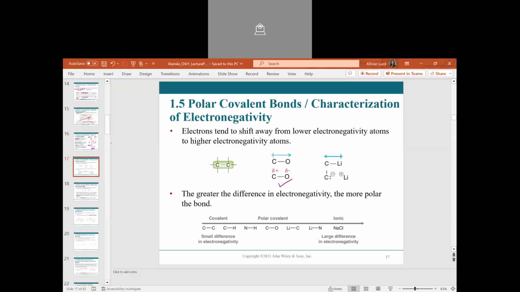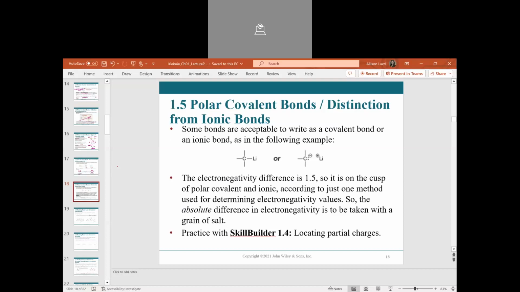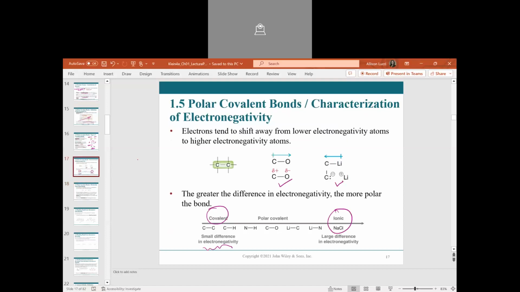For instance, here carbon-oxygen is generally a polar covalent difference in electronegativity, whereas carbon and lithium over here, their difference in electronegativity is so great that they are considered ionic. So this larger difference gives us these ionic compounds like the salts, like sodium chloride, sodium fluoride, etc. And then the smaller differences over here would give us our covalent bonds. And then somewhere in between, we have those polar covalent in the middle.